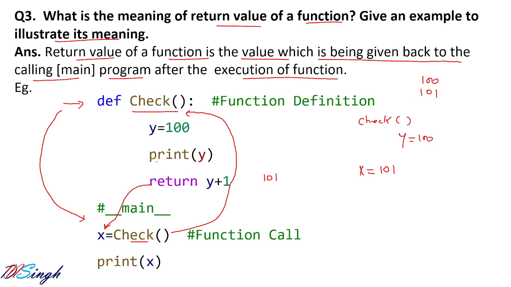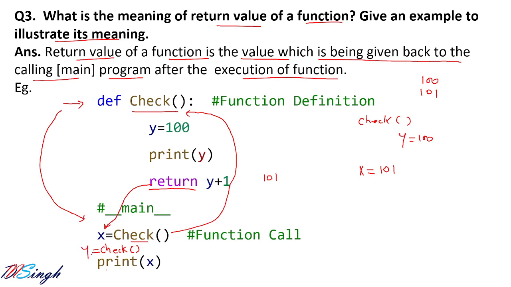Actually we are talking about return value. So the question is how to return a value from there. You can write any small example to denote how the return function will work. If it has a return value, you cannot directly call the function like check, because it is going to return some value and you have to hold it somewhere.